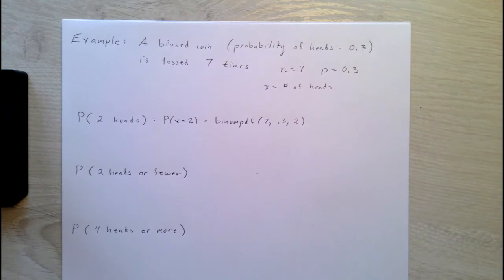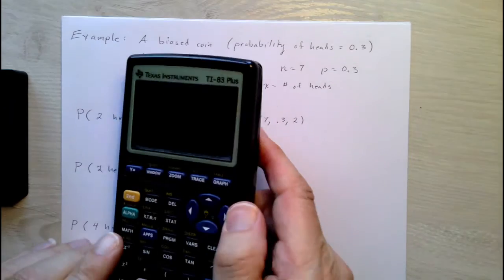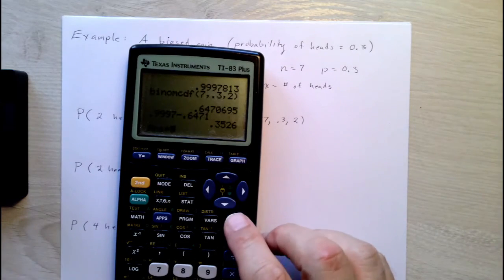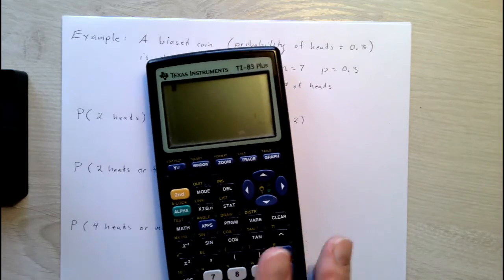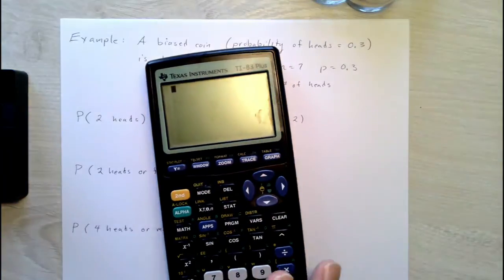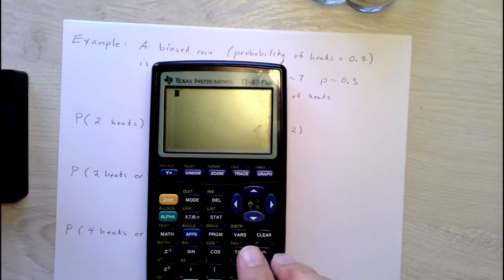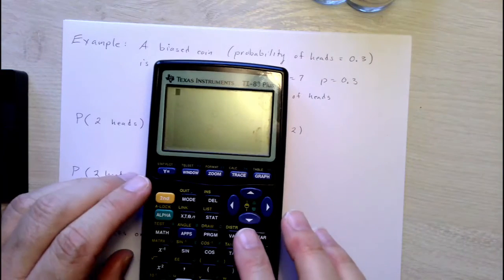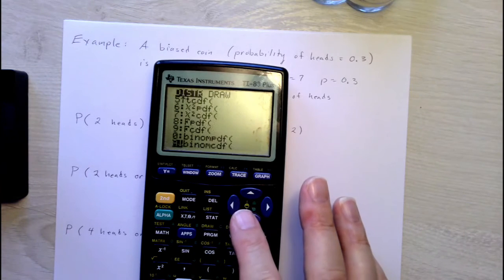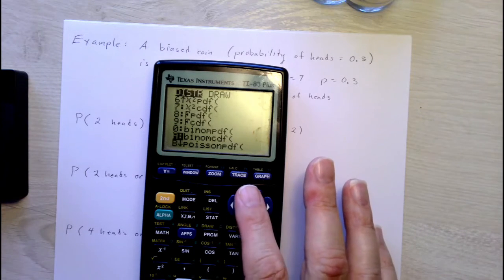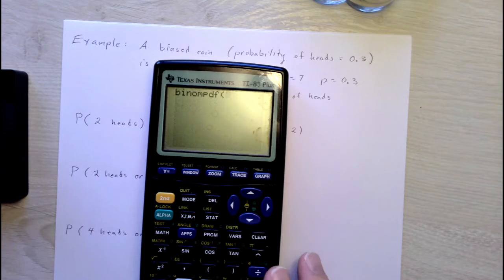So now we take out our calculator, and we're using a distribution command. In my calculator we get the distribution menu, and we have to go all the way down to number 9 where it says binompdf, and enter this in.